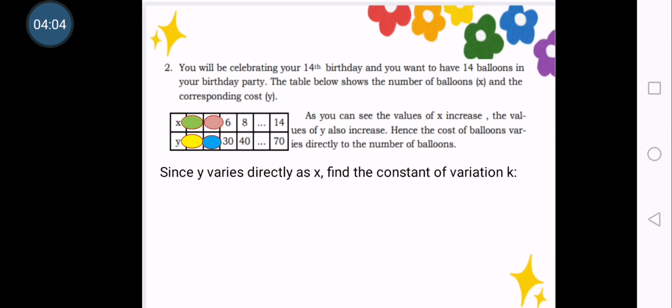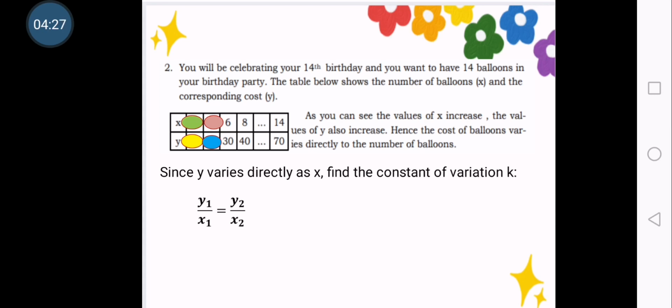Since y varies directly as x, so alamin natin ngayong constant. Or, ano ba yung magiging pagitan ng gastos mo? So, ayan po ang ibig sabihin. Since we're going to find the constant, so represent lang natin ito as y sub 1 over x sub 1. Bakit y over x? Diba ang equation po ng constant is k is equal to y over x.